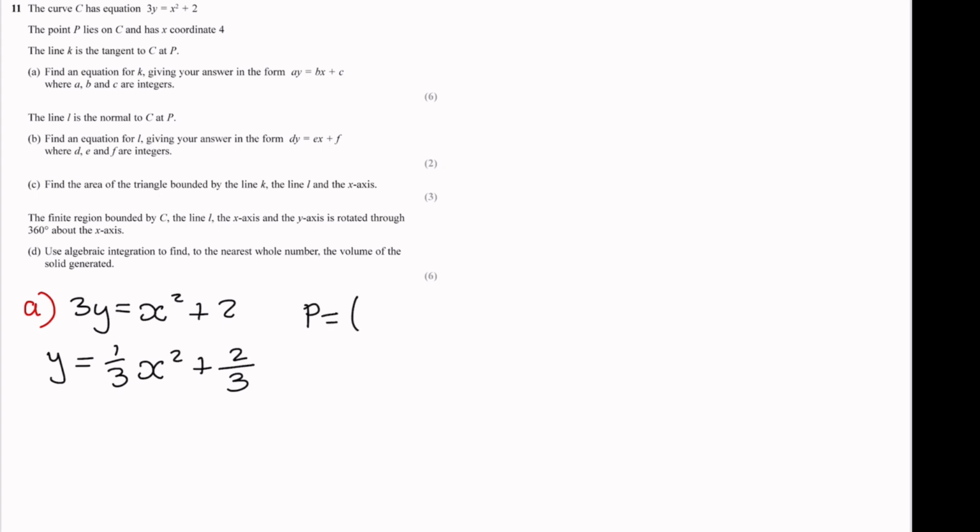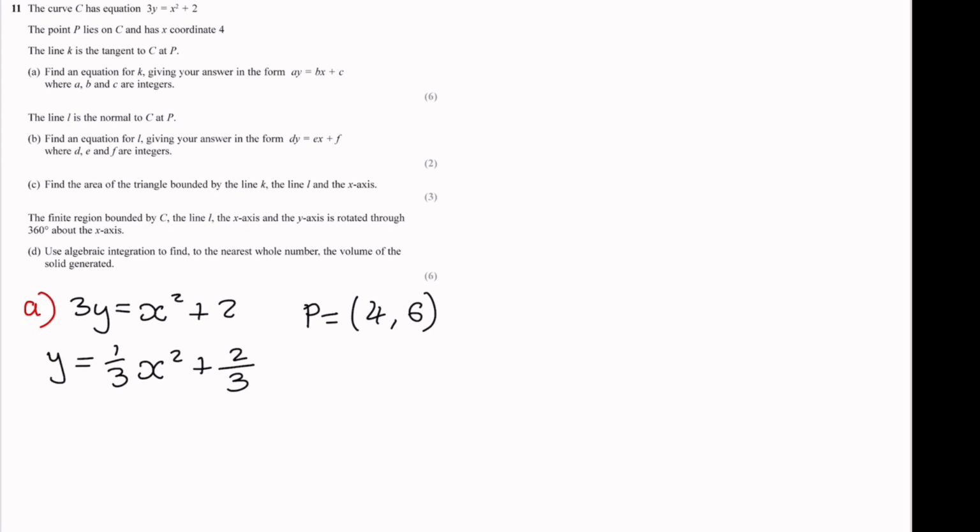So I can simply find the coordinate of P by substituting this x into the curve, and that will give me y. So if I substitute 4 into either of these, because they're both the same, I'll substitute into this one. 4 squared is 16, plus 2 is 18, and then divide that by 3 gives me 18 over 3, which is 6. So the point P is (4, 6).